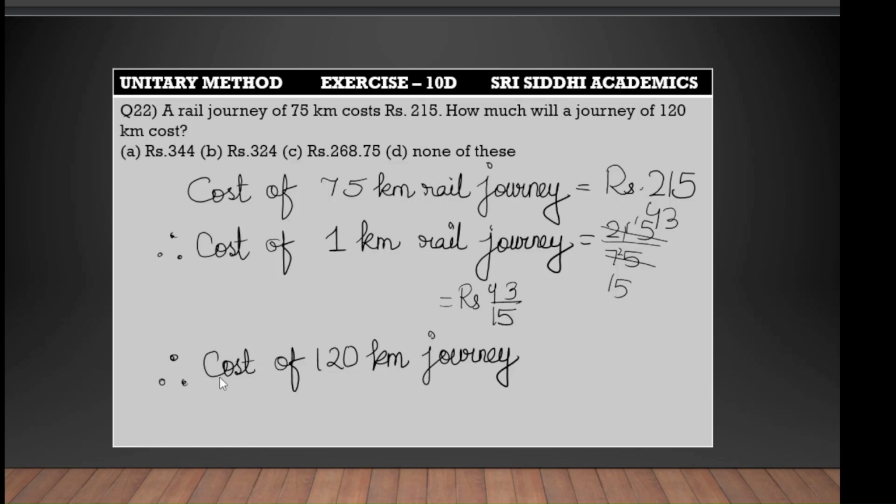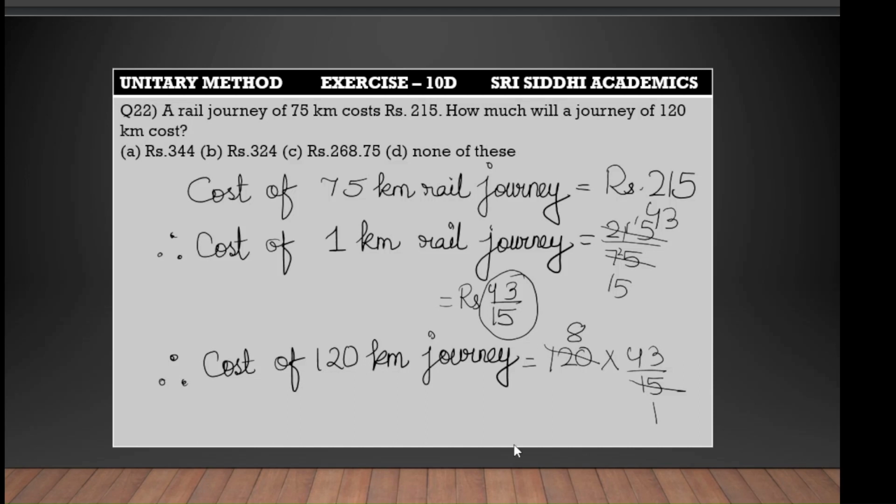Now for the cost of a 120 kilometer journey, we will multiply by the cost of 1 kilometer. Cost of 1 kilometer is this. We'll multiply it with 120, then we will find the cost of a 120 kilometer journey. Let's do that. 120 into 43 by 15. So 15 ones are 15, and if you check, 15 eights are 120, right?